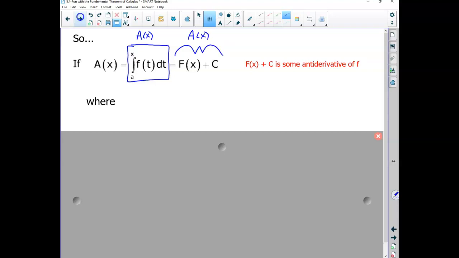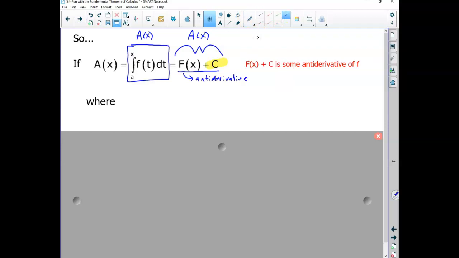First of all, the capital F is an antiderivative, and it emphasizes my c value, because this is really the value that we've been trying to find the whole time.